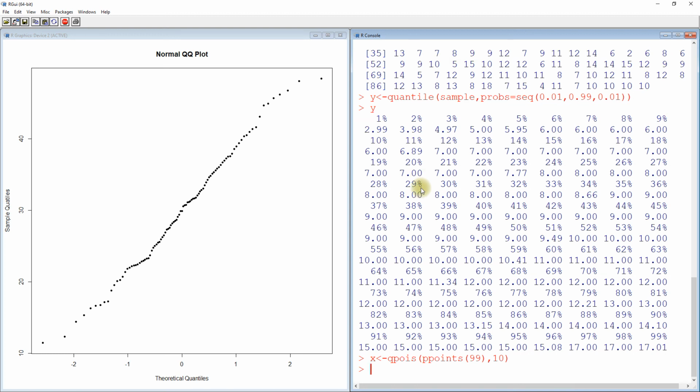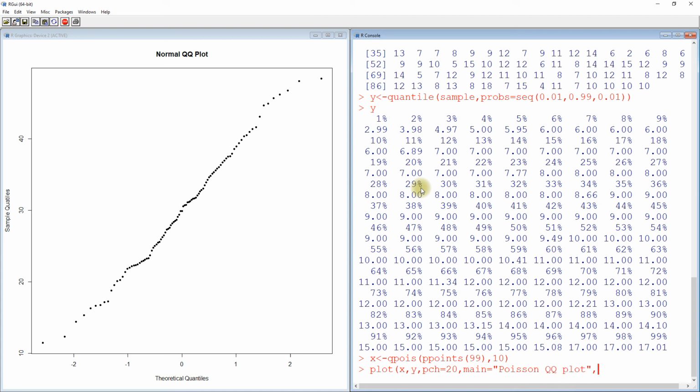So what we will do then is we plot the y against the x with a pch of 18, let's suppose, or 20, whatever. Let's suppose 20. And then now we are not doing a normal QQ plot, but a Poisson QQ plot. I call it Poisson QQ plot.